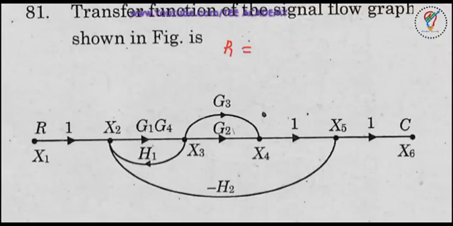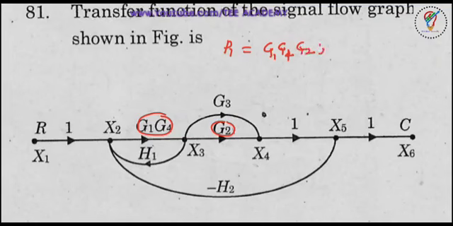So the forward path is like this: 1, G1, G4, and this G2, and here 1. x5 and x2 are all nodes, so don't consider them. So the first forward path is G1 G4 G2.